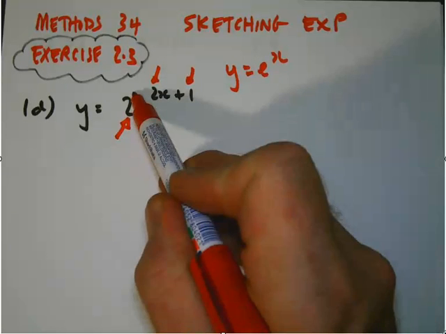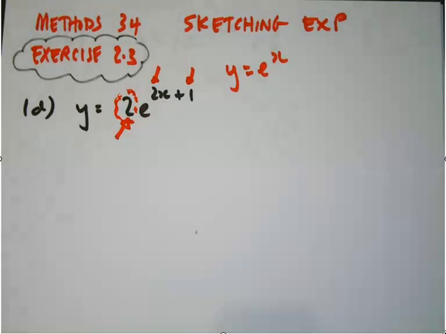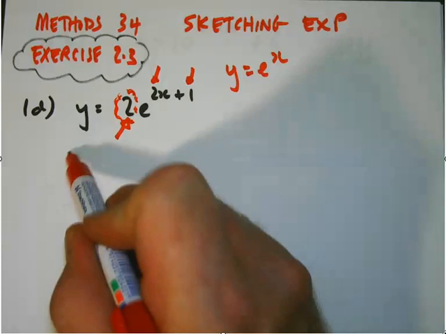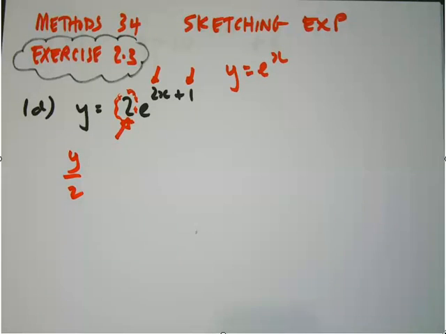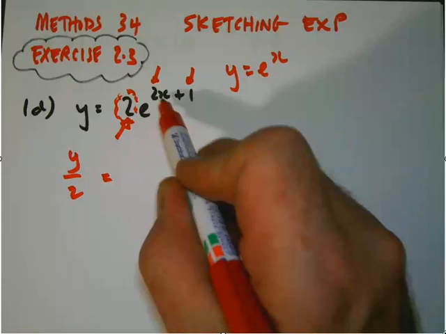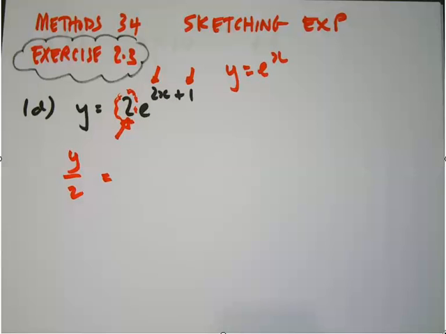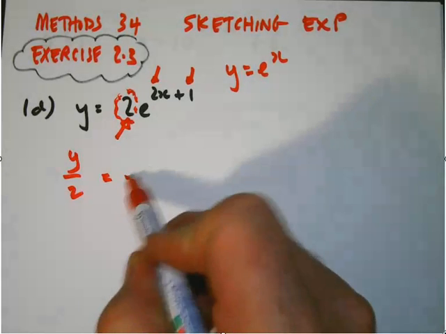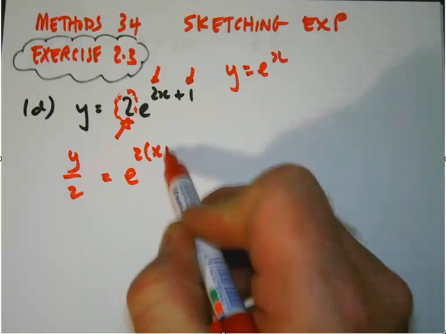This 2 has an impact on the y, so I'm going to move that to the other side. Equals, these both are to do with x, so therefore I'm going to keep them there, but I need to isolate the dilation from the translation, so I'm going to have e to the 2(x plus 1/2).